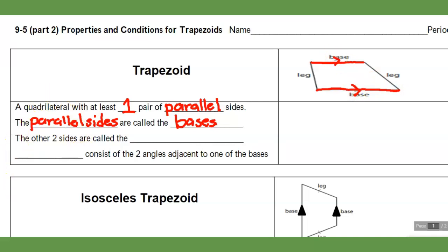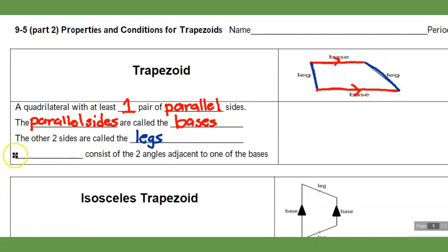Very good. The other two sides are called the legs. And they are not parallel. And those would be here and here.